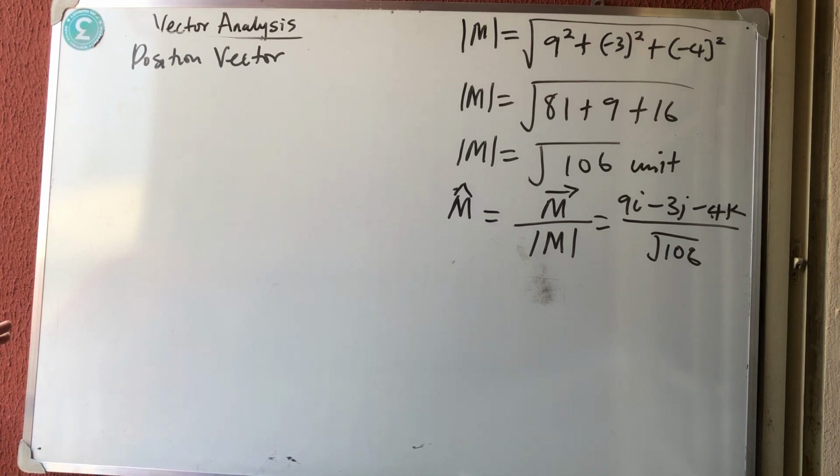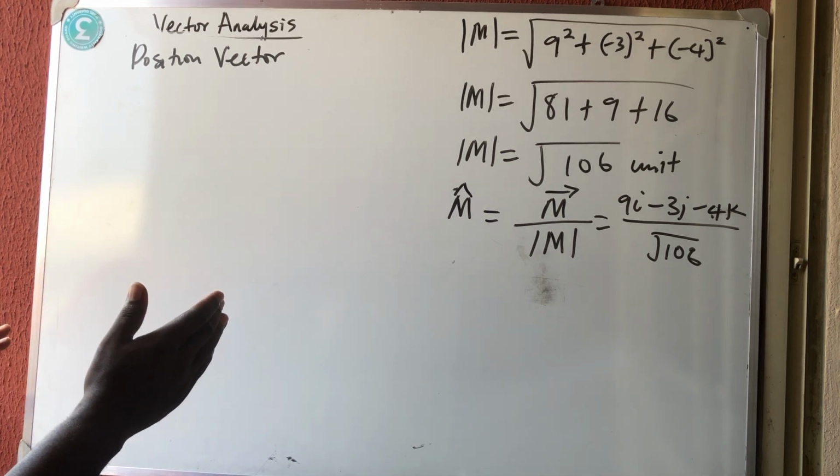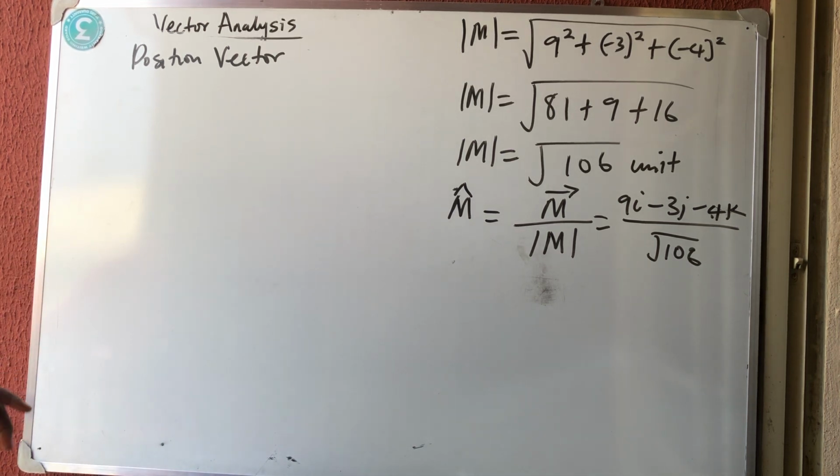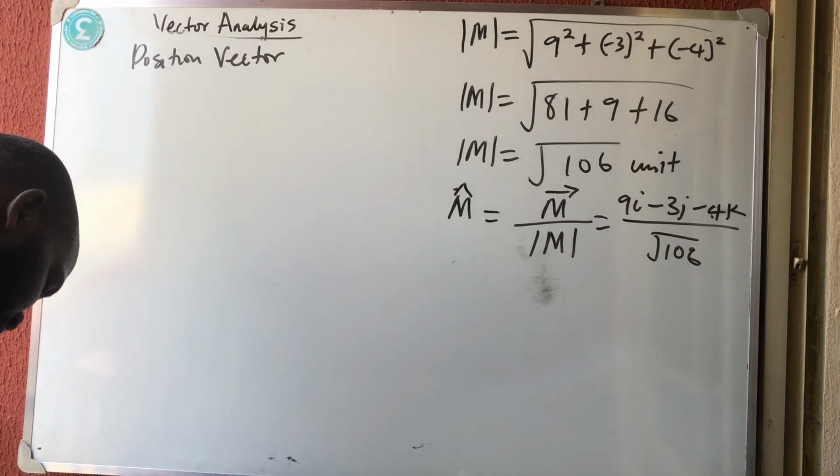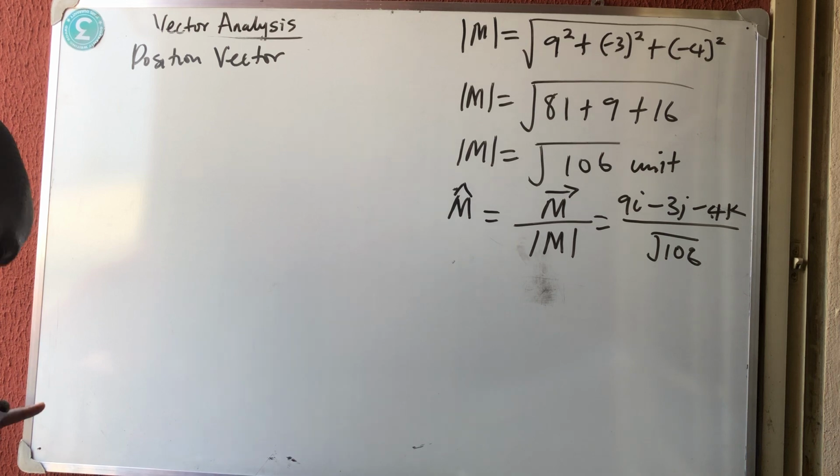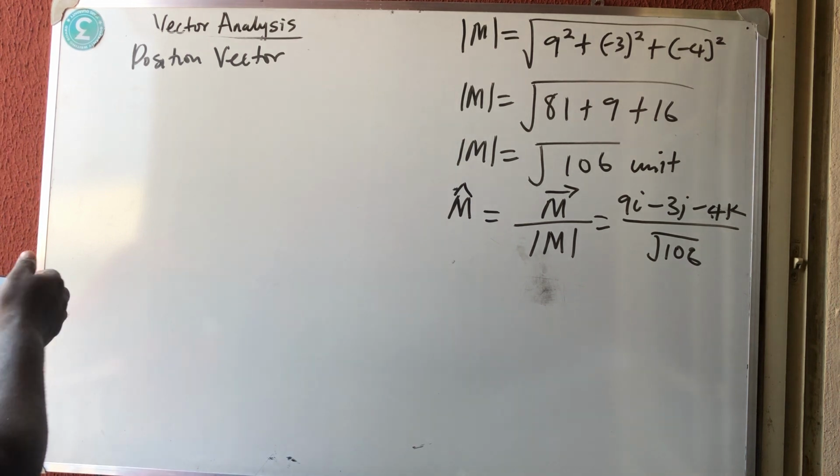So now the displacement or the distance between 2 points, okay? The distance between vector A and vector B is simply by subtracting. Okay, so what do I mean by that? Let me give you an example.